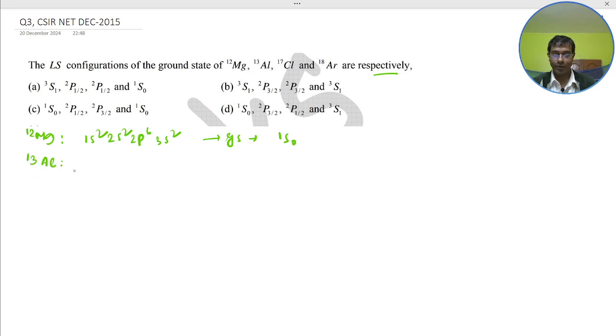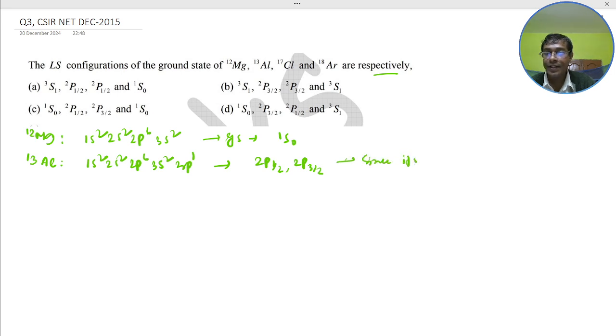13 aluminum, the electron configuration 1s2, 2s2, 2p6, 3s2, 3p1, and this is 2P half, 2P 3 by 2, and since it's less than half filled, from Hund's rule the ground state should be 2P half.